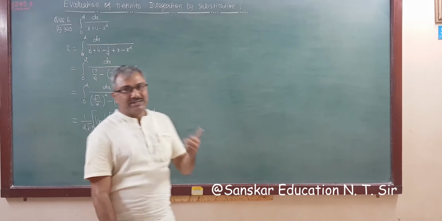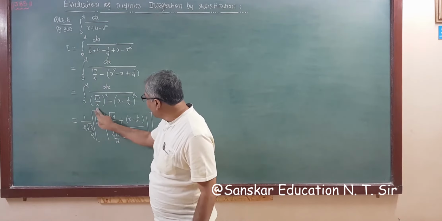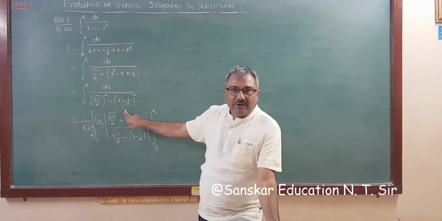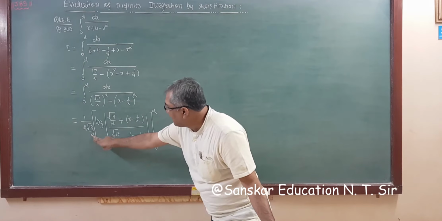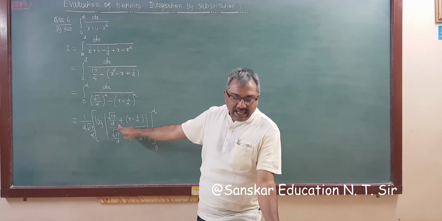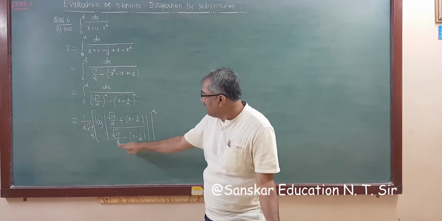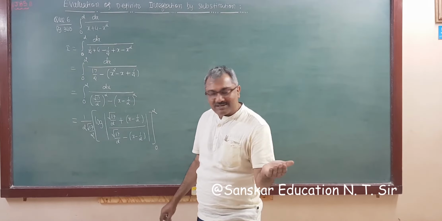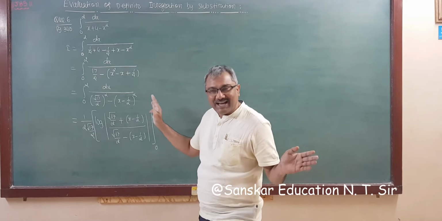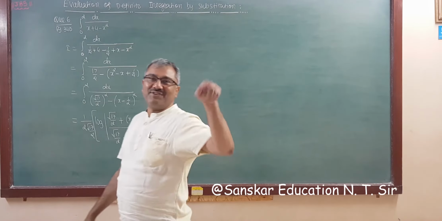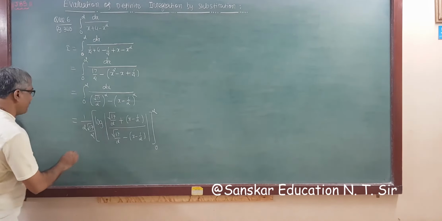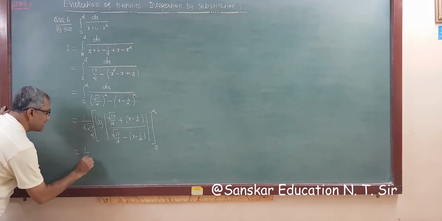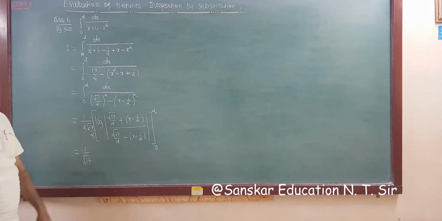Got it? So this is the formula for 1 upon a square minus x square: 1 upon twice a, log mod of a plus x upon a minus x. So for indefinite integration this is over. Now see, this is definite integration, so what will happen? This 2 will be cut, so the answer will be 1 upon root 17.